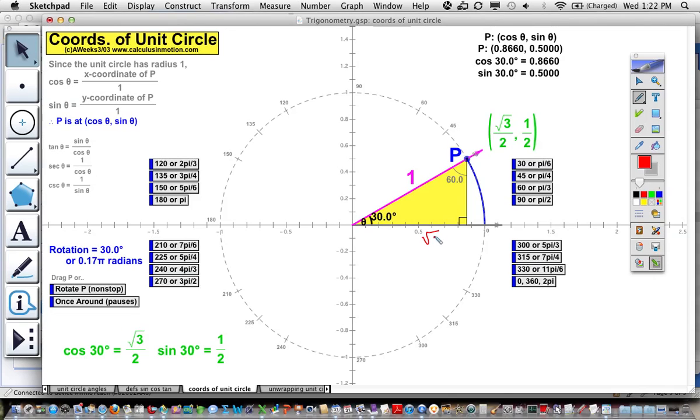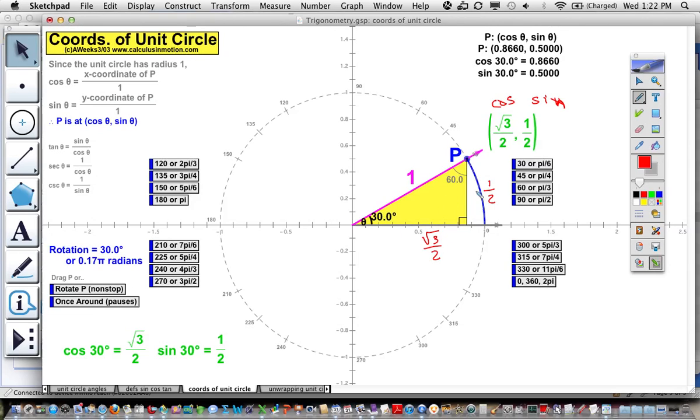So now what you have here is, do you remember which one of these is sine and which one is cosine? Cosine is first, sine is second. The reason for that is the SOHCAHTOA thing.